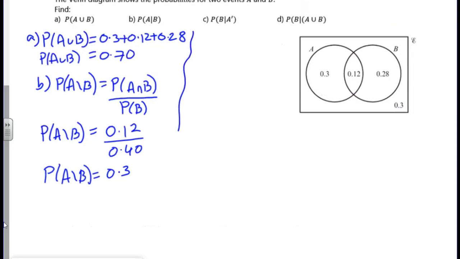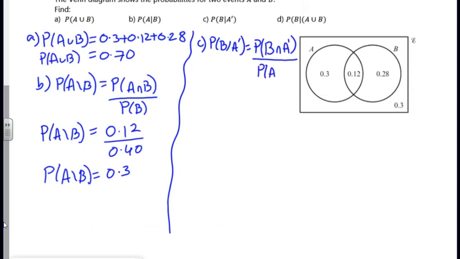Can I fit C in here? So C is B, given that it's not A. So that would be B and not A, out of not A. So B and not A will be 0.28. Not A will be, so A is 0.42.